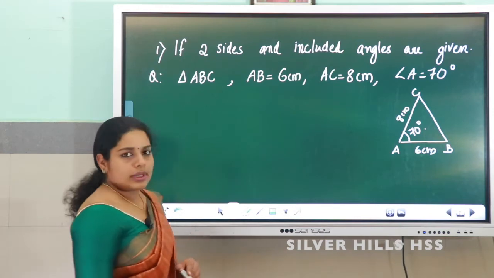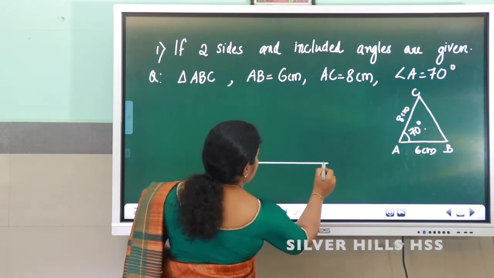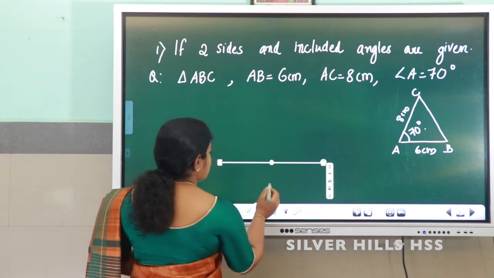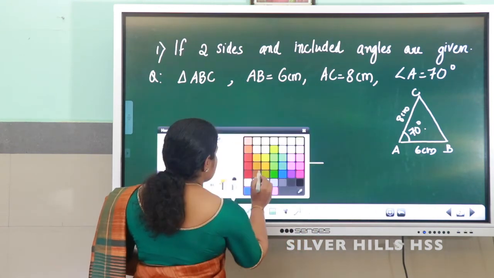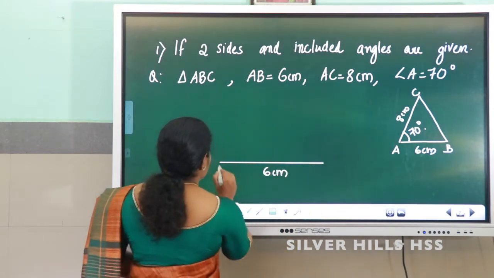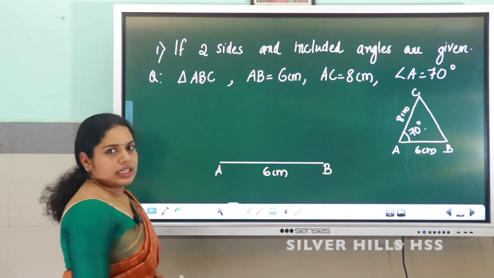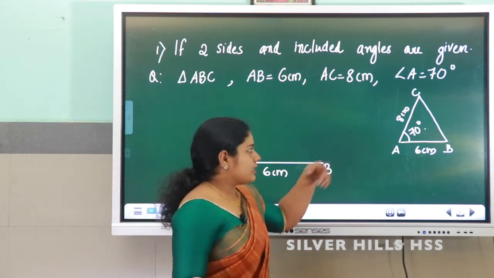First we need the base AB. So this is the line AB, which is equal to 6 centimeter. We will mark the name AB. Now we need AC.